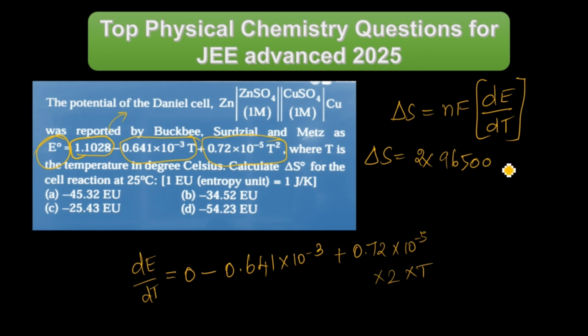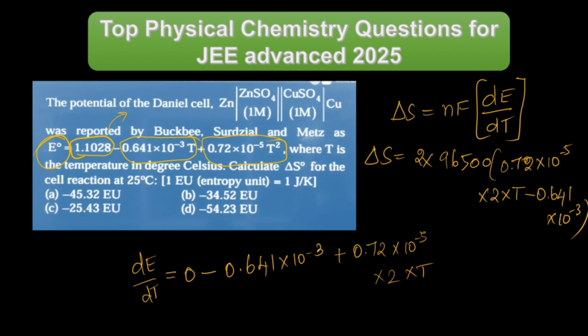I'm arranging it in order: plus 0.72 into 10 to the power minus 5, the remaining 2T, minus 6.641 into 10 to the power minus 3. Okay, cool. So this is the tricky part. If you do this well, then the answer is easy.